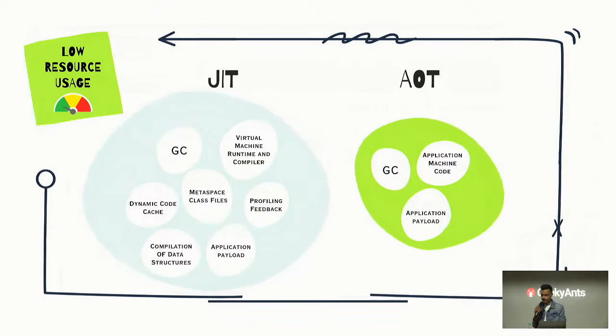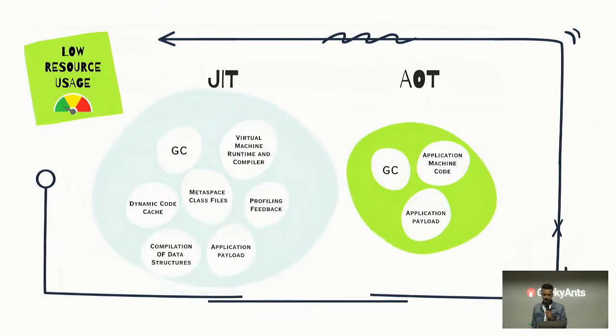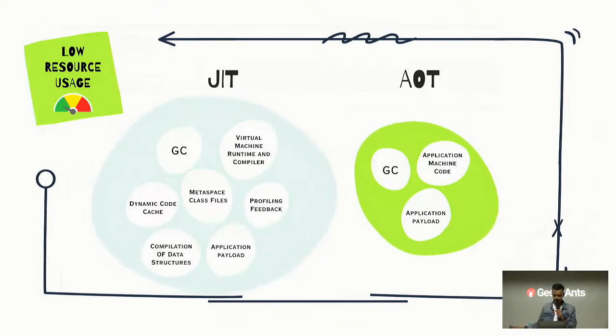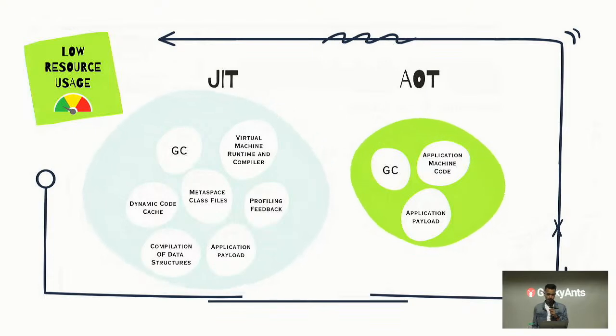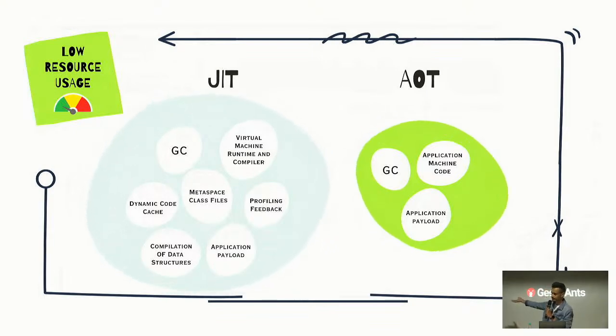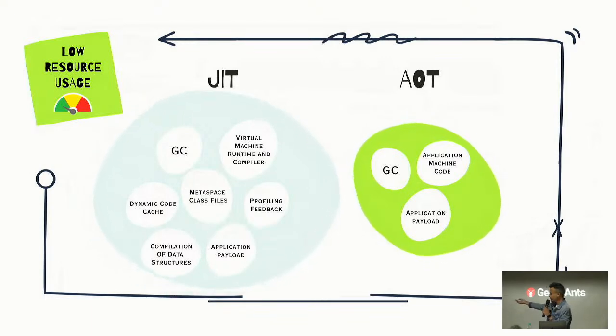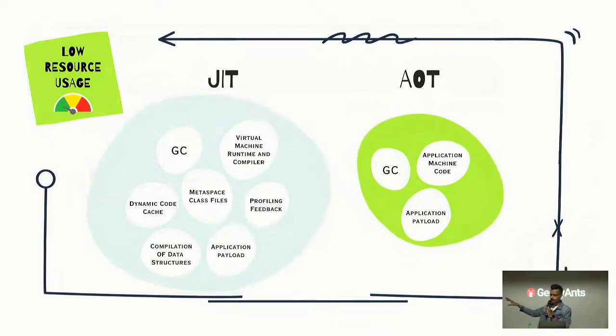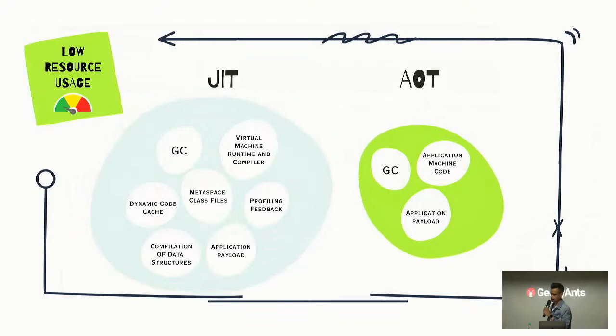In JIT we have many components, like garbage collector, VM, and runtime compiler, along with the dynamic code cache, metaspace, class files, and feedback component, and then the application payload. If you look at AOT, it has very minimal stuff: GC, application machine code, and application payload. So this is the component structure of these two compilers.